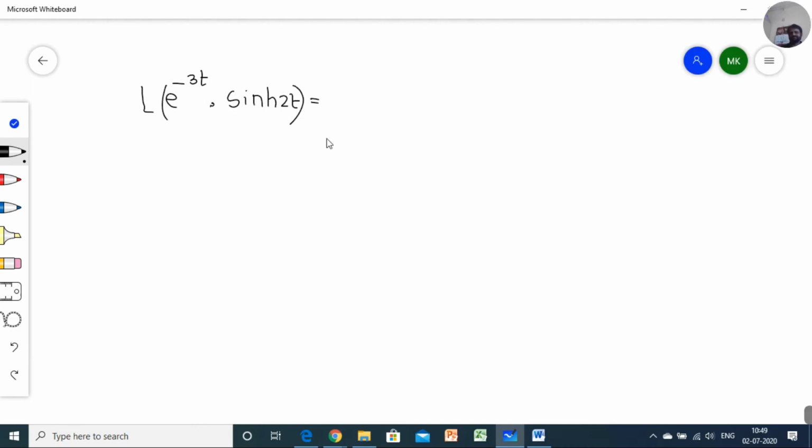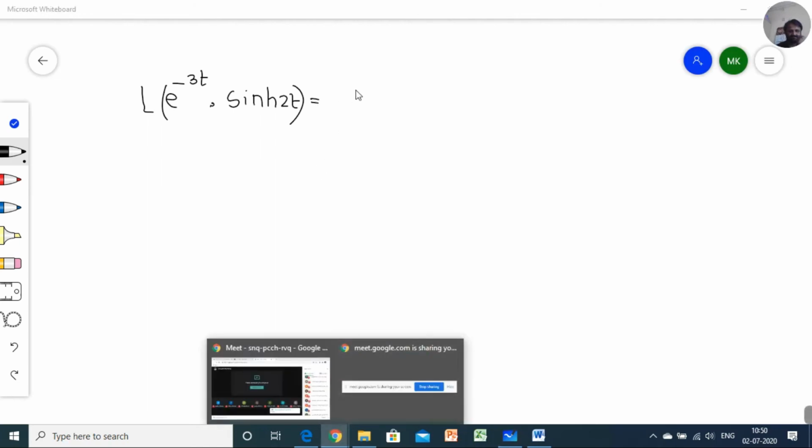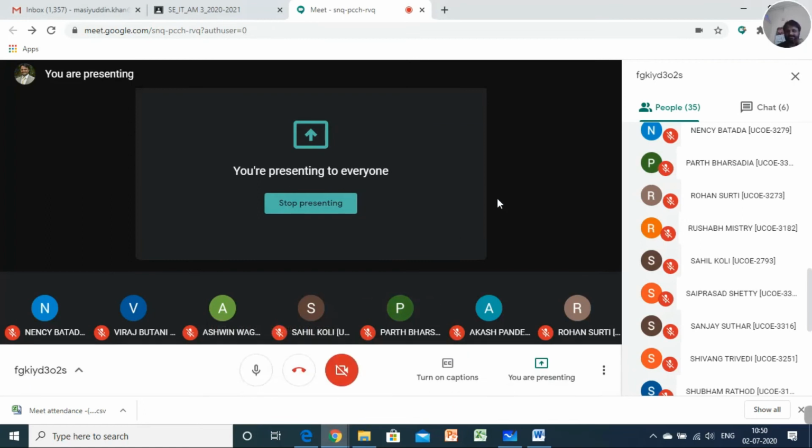Please, can you tell me the Laplace transform of this part? Hope it is visible to all. Anyway, if not, no worries, we'll move ahead.